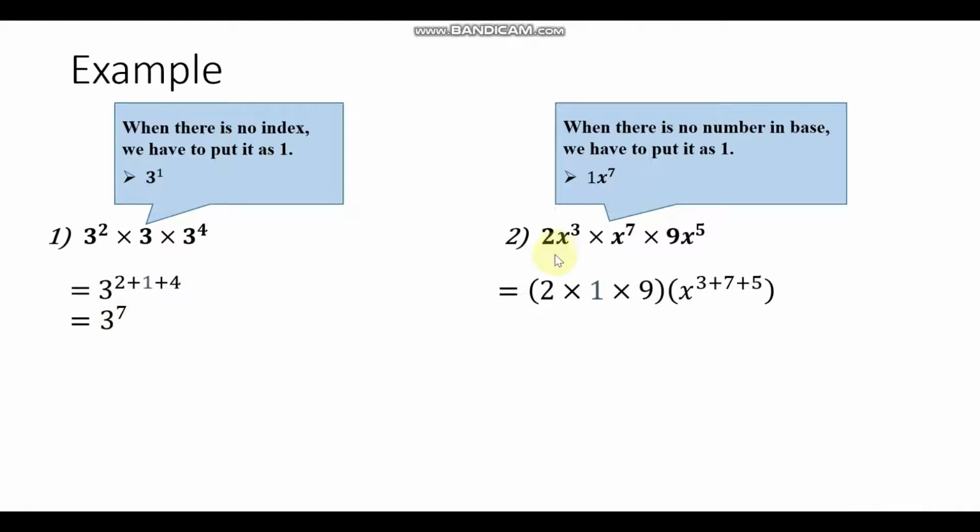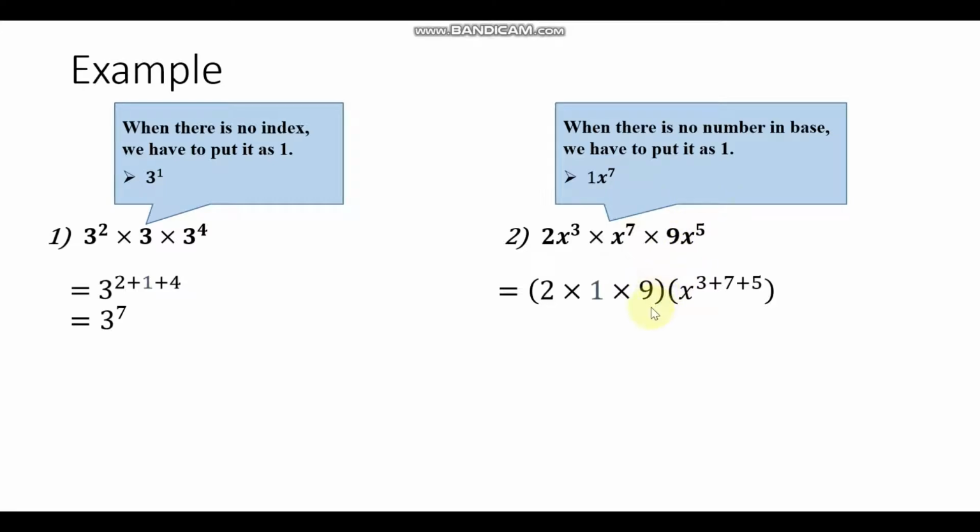The next question: 2x to the power of 3 times x to the power of 7 times 9x to the power of 5. When there is no number in front of the terms, we have to put 1 there. After this, we separate the numbers from the terms. In the first bracket, we put all the numbers: 2 times 1 times 9.